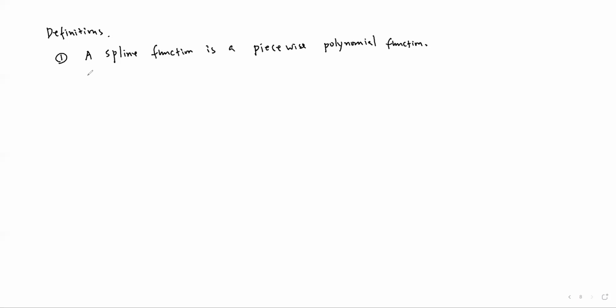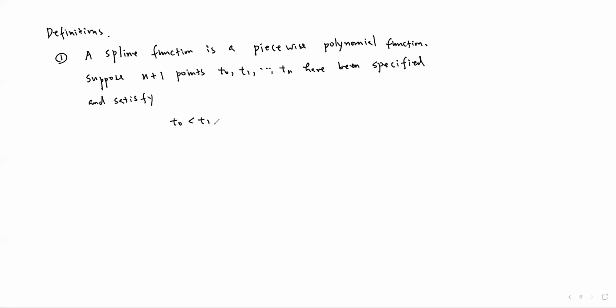Precisely, suppose n plus 1 points t0, t1, ..., tn have been specified, and suppose these points are in increasing order: t0 less than t1, t1 less than t2, and so on, up to tn.